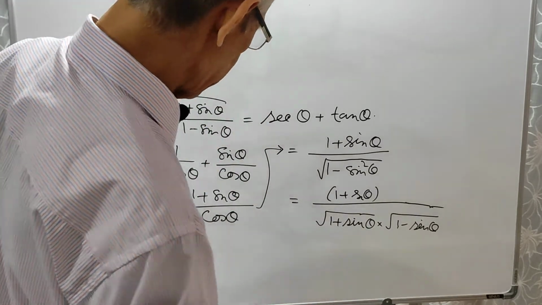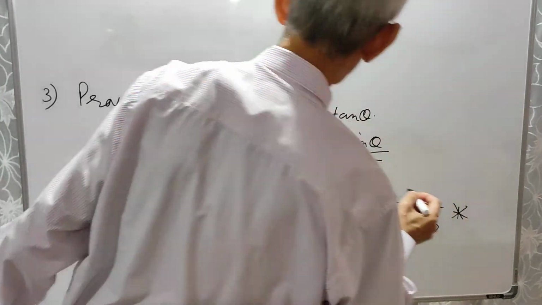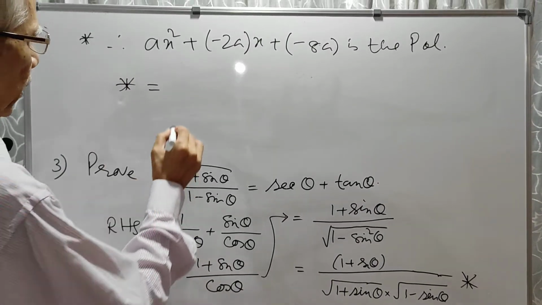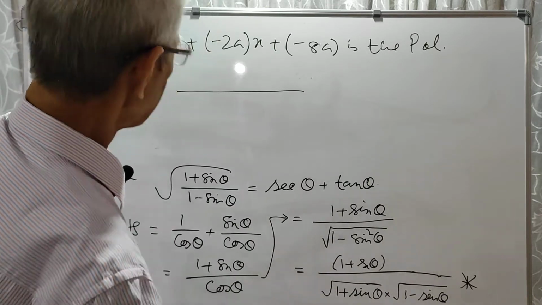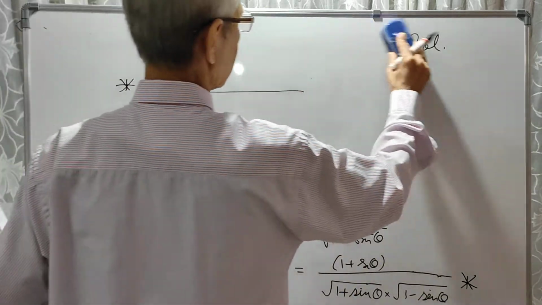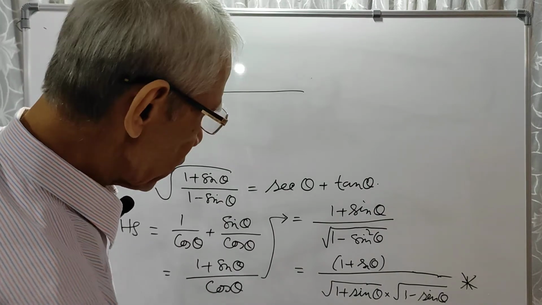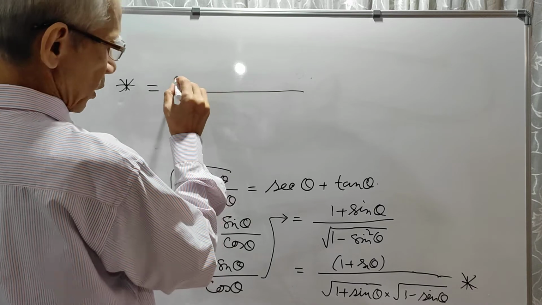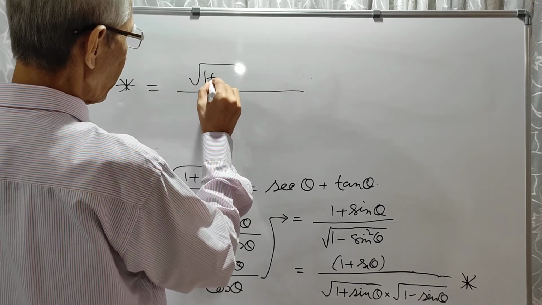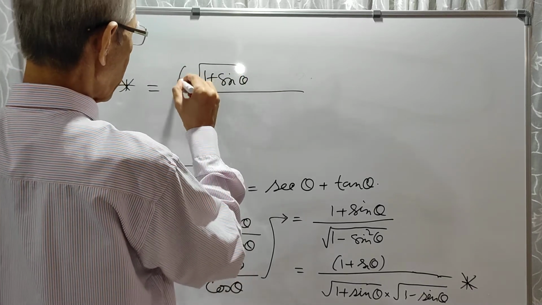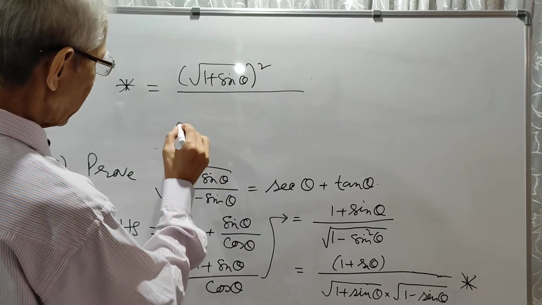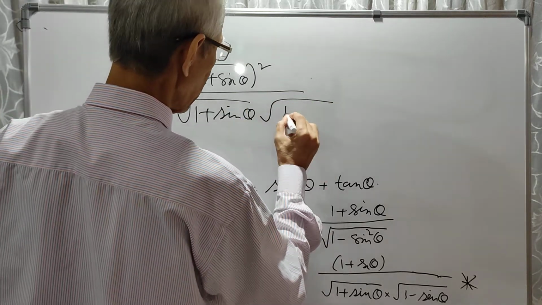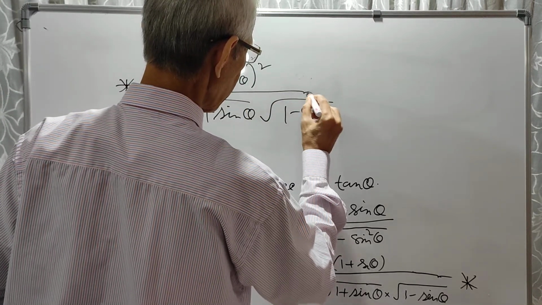So let me show the next step here. So that is equal to what? Okay, so from here you see 1 plus sine theta, 1 plus sine theta, we can write root over 1 plus sine theta whole square, and denominator remains root over 1 plus sine theta root over 1 minus sine theta.